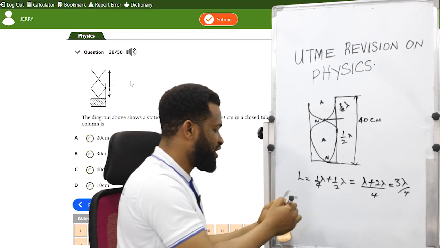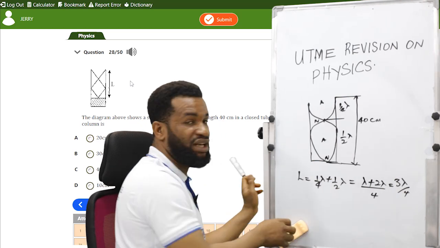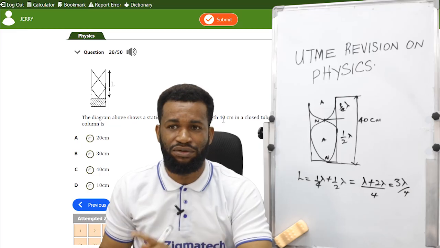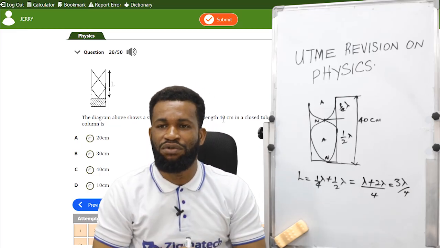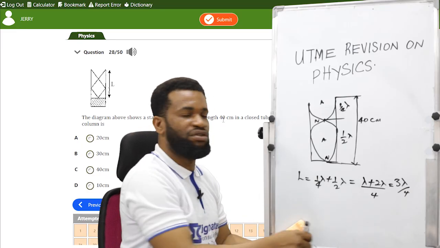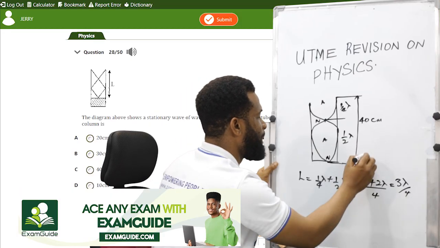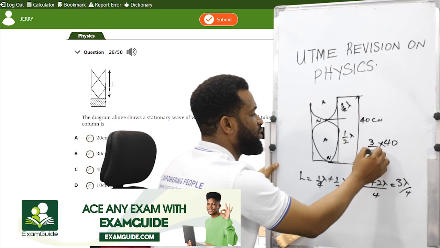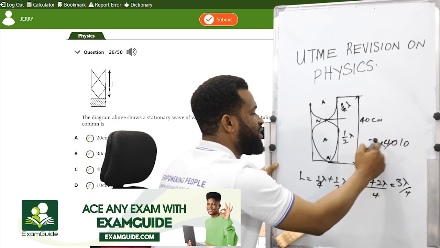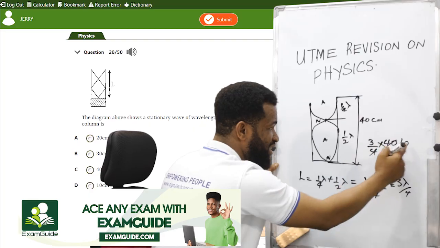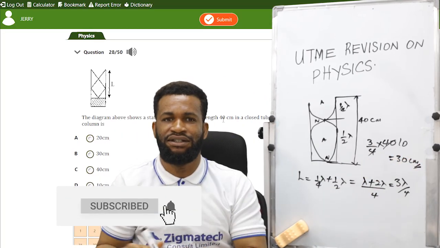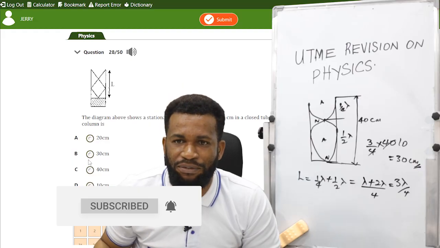Now let's find what the lambda is, by the way. The diagram shows a stationary wave of wavelength. Good. The lambda is the wavelength and the wavelength is 40. So what we are going to do now is that 3 over 4 times, instead of lambda, I put 40. 4 into this is 10. 3 times 10 is 30 cm. And that is the length given. And the option is B.